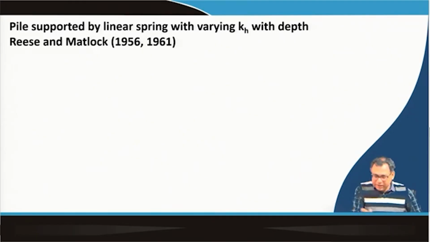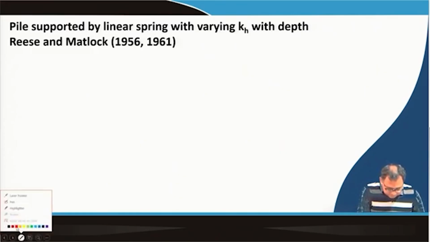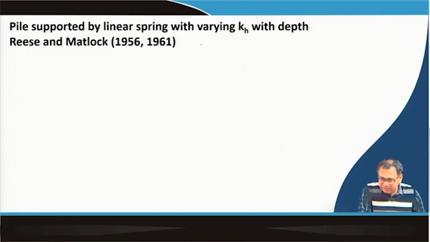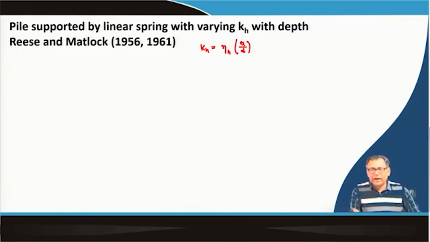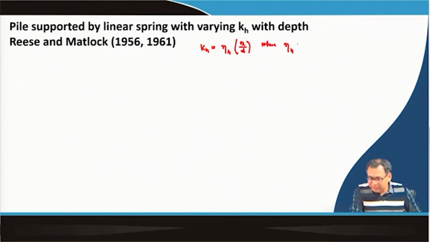Here kh is taken as eta h into z divided by d, where z is at any depth, d is the diameter of the pile, and eta h is the coefficient of subgrade reaction.